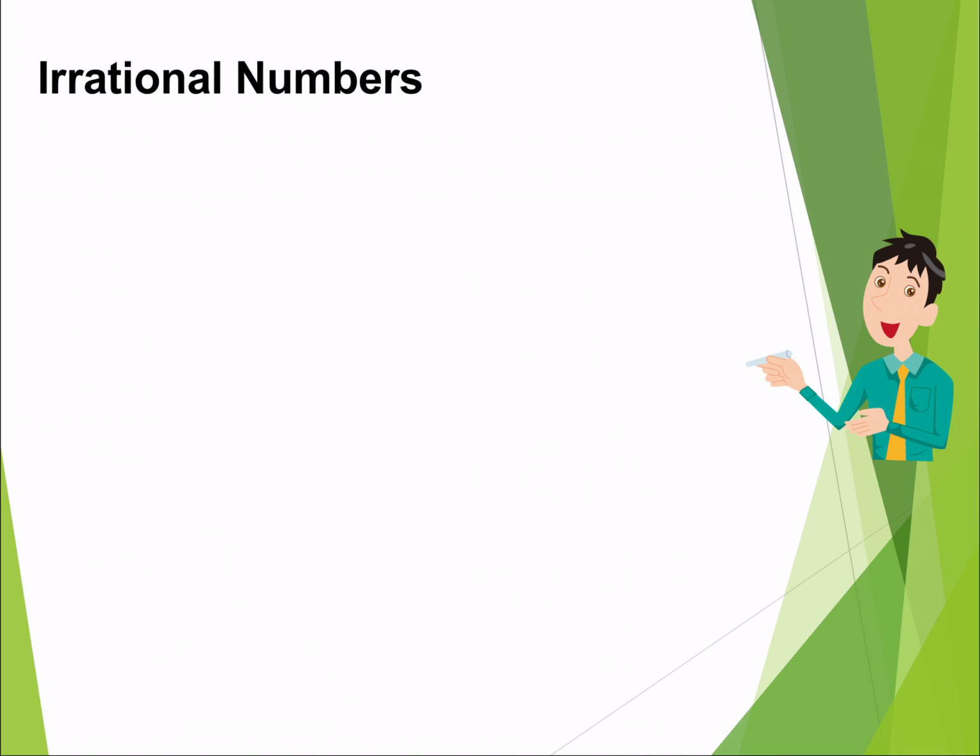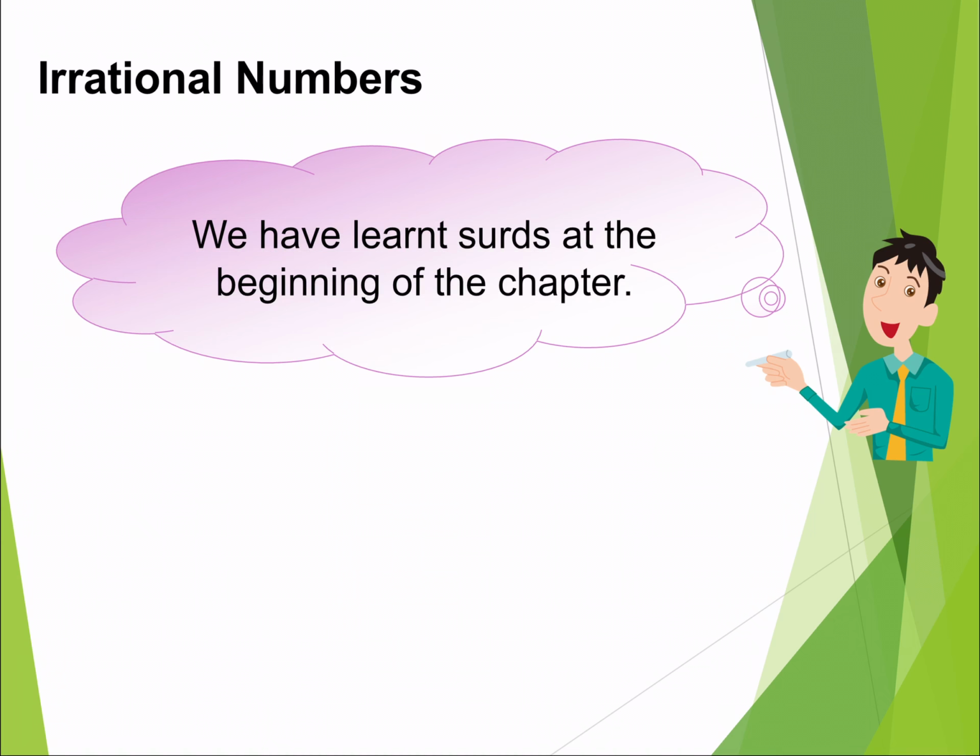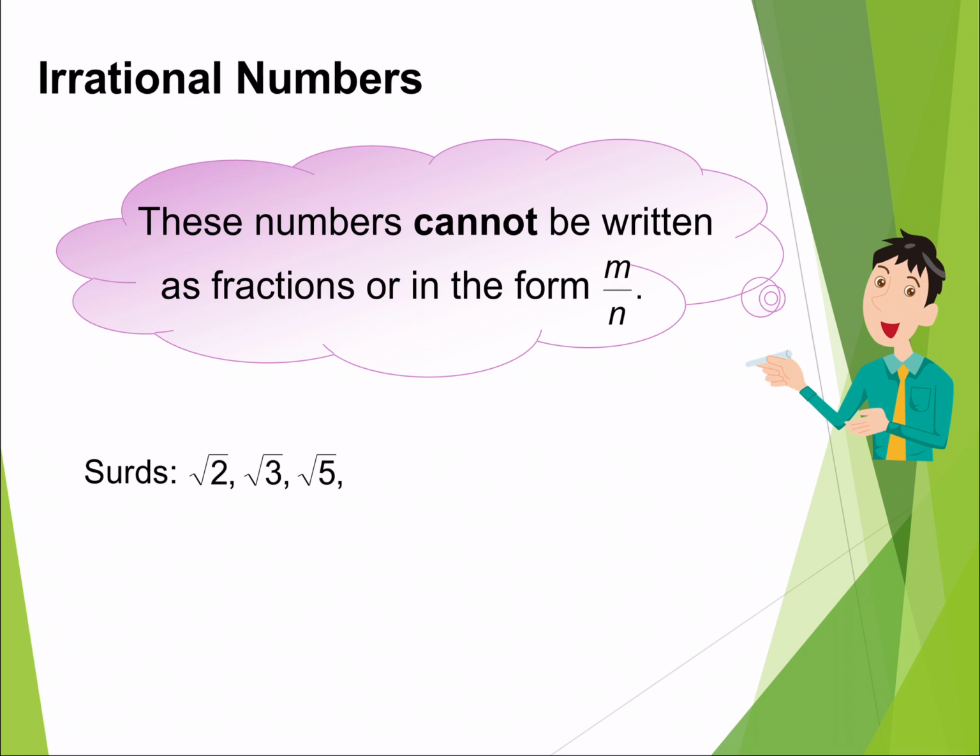Okay, so what is the form of irrational numbers? Square root 2, square root 3, square root 5 are irrational numbers because we cannot write them in the form of m over n. We cannot write them in the form of a fraction. But of course, is square root 4 an irrational number?